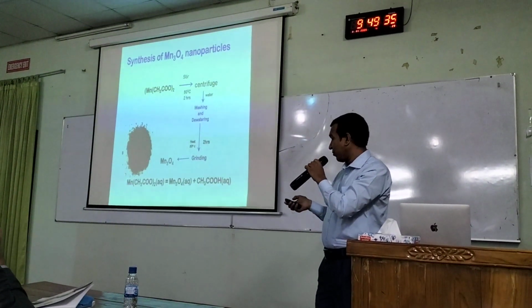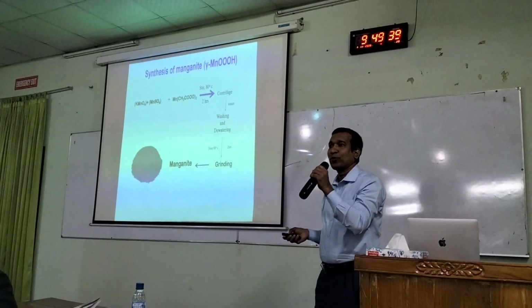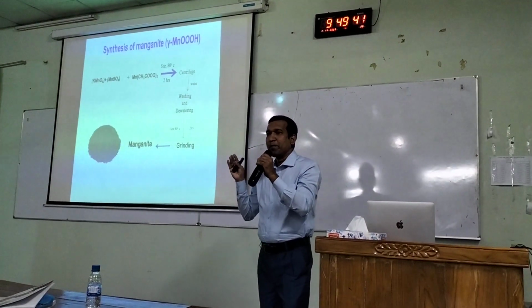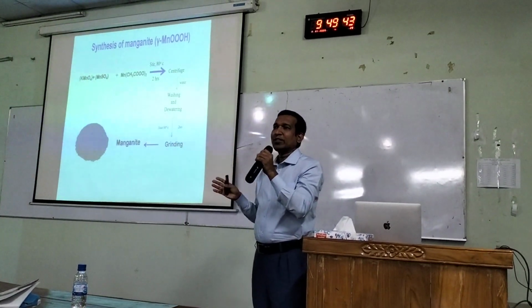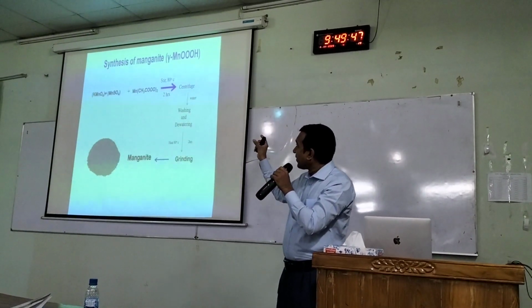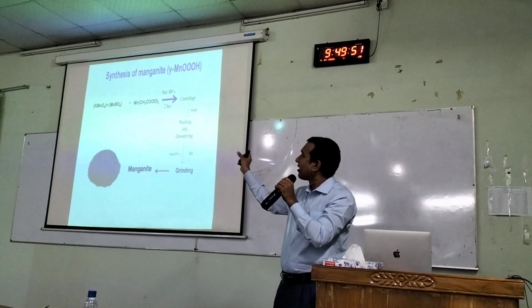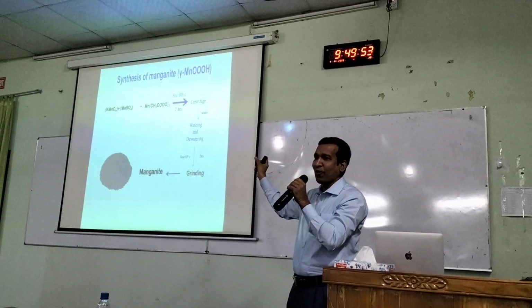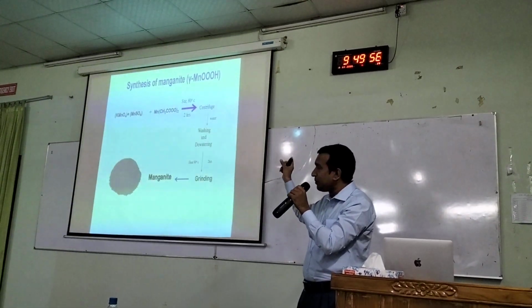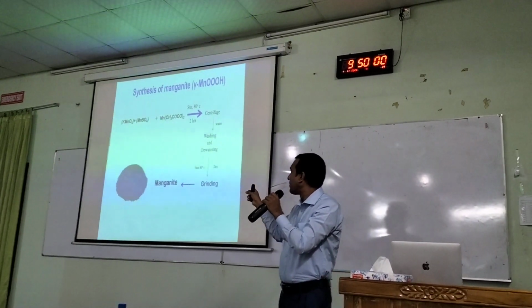Finally, we prepared manganite. Actually, our approach was to synthesize a mixed metal oxide nanomaterial. So we used the reagents for the synthesis of manganese dioxide and osmanite combined, using similar protocols, and ultimately we got manganite.